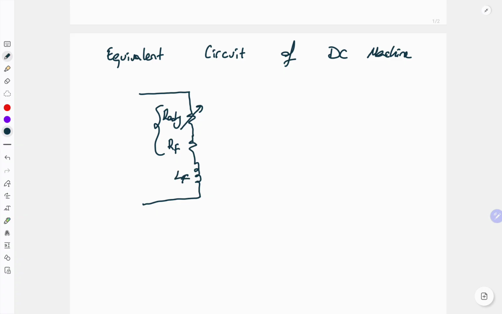Another parameter will be the inductance of the field circuit, and for that part the voltage applied to the field circuit will be VF and the field current IF. This part is located on the stator, and is called the field winding. So after we apply the VF, or the field winding voltage, to the circuit, there will be a current.